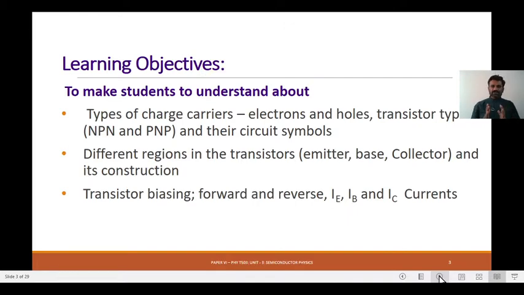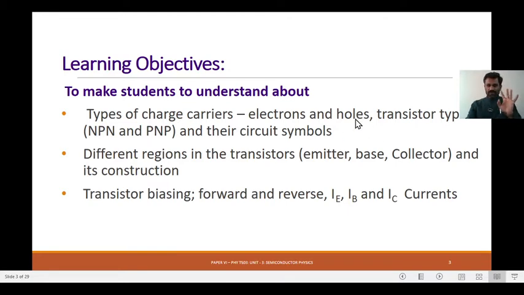After this session, what you are going to learn is very important, and what we carry from this class to the future. A student should understand the types of charge carriers. There are two types of charge carriers, electrons and holes.